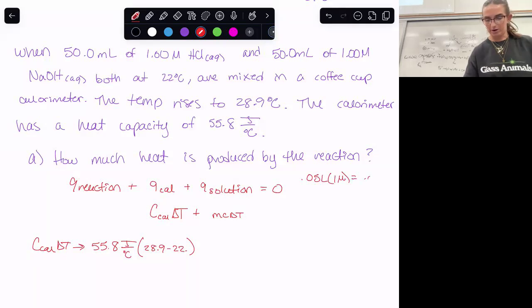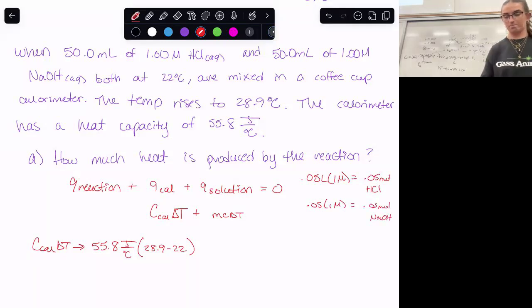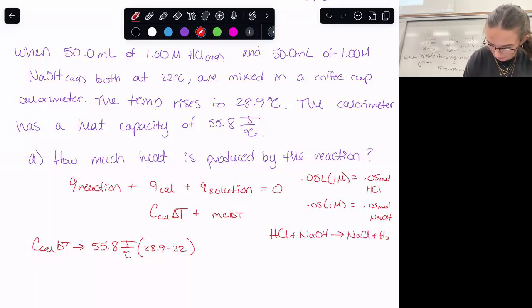So we have 0.05 moles of HCl, and then we have 0.05 times 1, which is 0.05 moles of NaOH. So in total we have HCl plus NaOH, which forms NaCl in water.